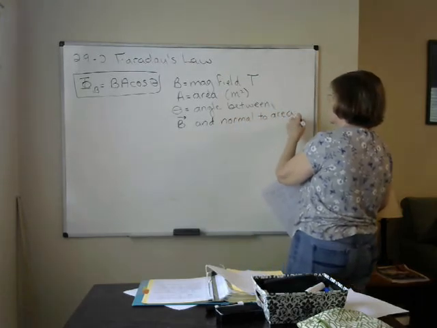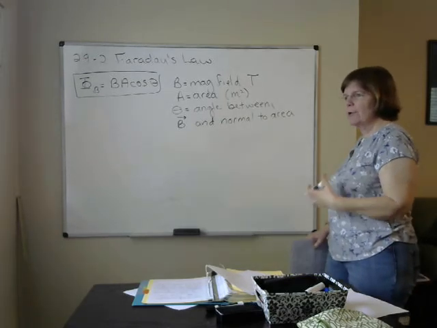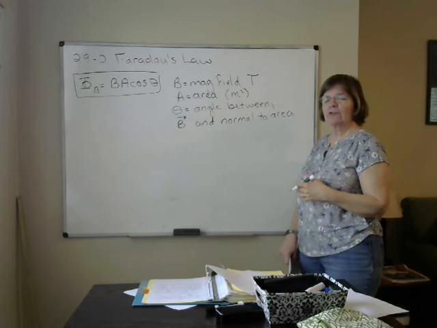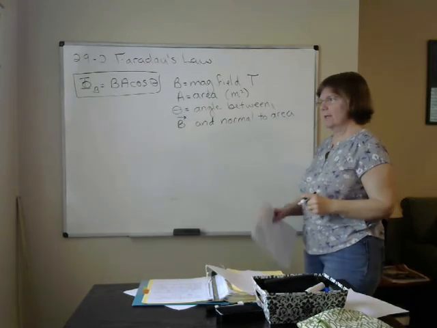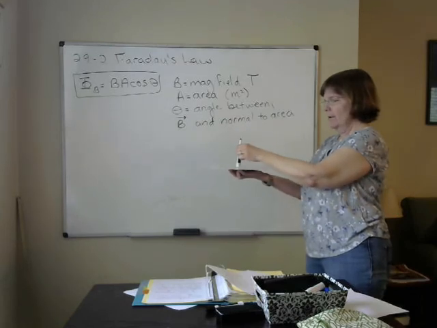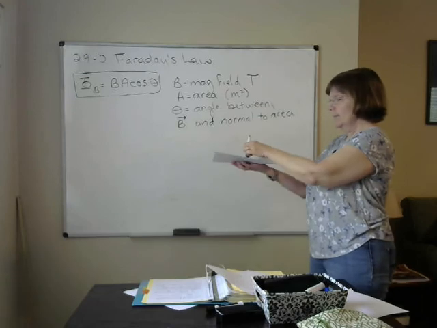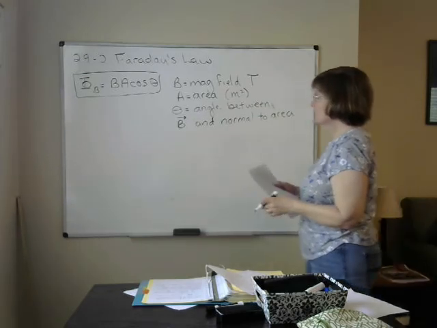Remember, when we wrote it in that integral form, we acted like the area is a vector. So when we treat area like a vector, the direction of that vector is the normal to the area. It's just like if this area is this sheet of paper, the normal would be my marker, like that. So what does that mean?